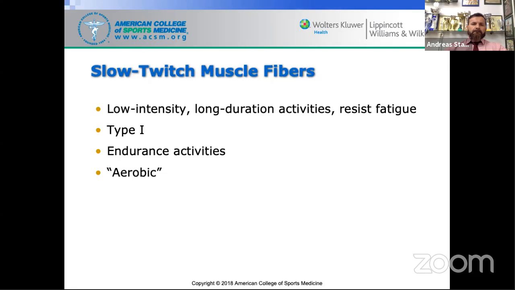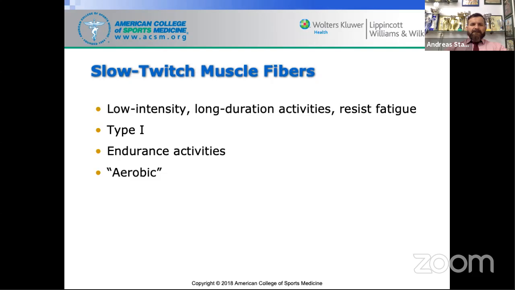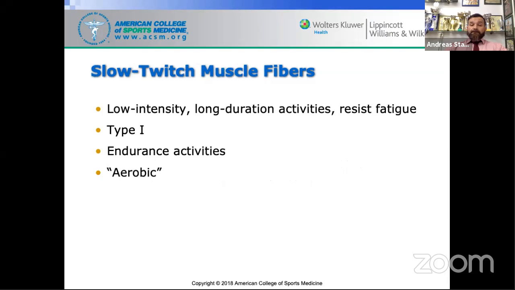Oh, and we're still looking, there's a debate about whether muscle types can change based on training. I'll say a couple of things in a sec. So we have type 1 and type 2. There are more types pretty much. You see type A or type B or type X. But in general, for educational reasons, at least, we have type 1 and type 2.